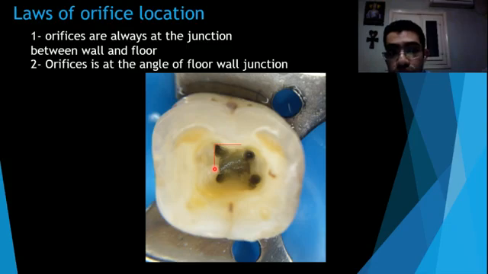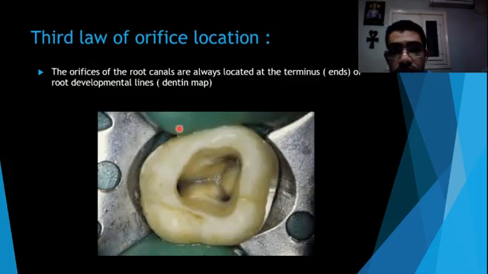The third law for orifice location is that we have something in the floor of the bulb chamber which is called the root developmental lines, or we call this the Dent map. These root developmental lines will guide us a lot during the access cavity preparation and during the orifice location, because every root developmental line always has a canal in the beginning of this line and another canal at the end of this line.